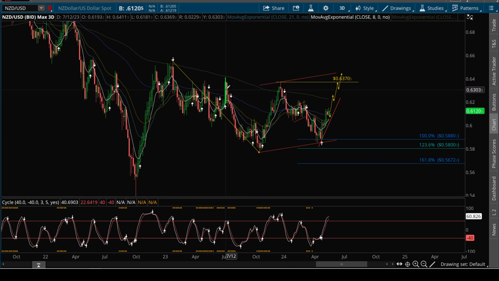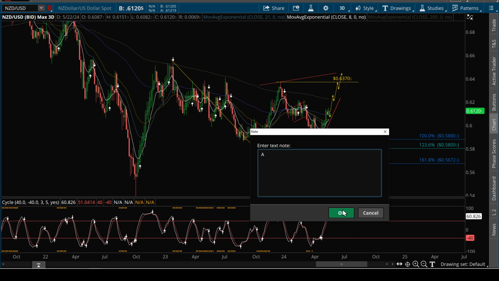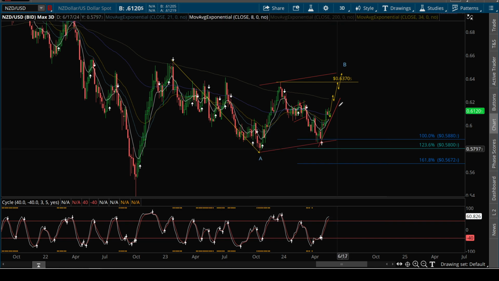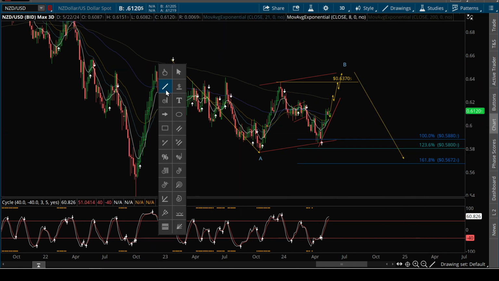So, and then this is the impulse down we're looking for on Aussie. So, right. But if New Zealand's going to come take out this high, you have an A wave down here. A. This becomes your B. And then at this point up here, we'll be looking for C wave down. And you're just doing nothing but making a large correction at that point, correcting this impulse.